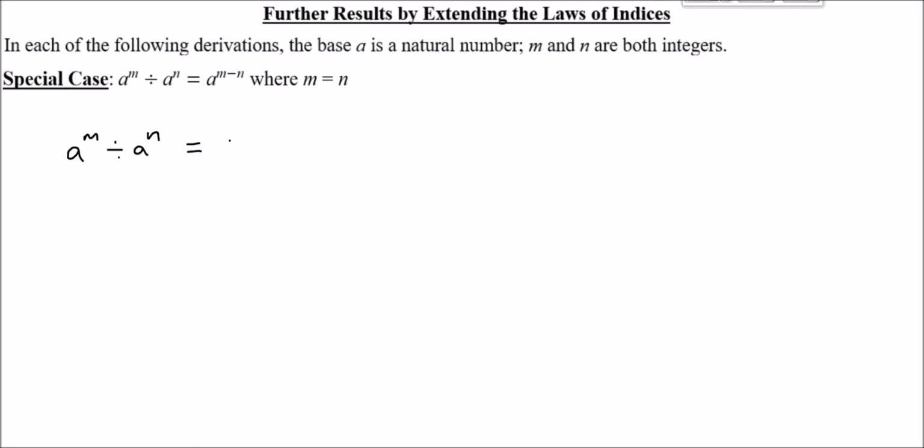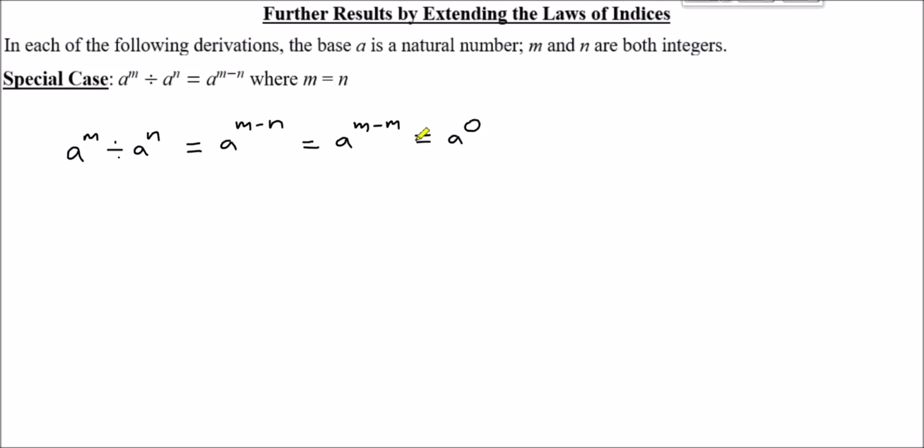That's the same as a to the m minus n. However, if m is equal to n, I can say that n is m and just substitute in m in place of this n. So then we have a to the power of m minus m, which is obviously just a to the 0.